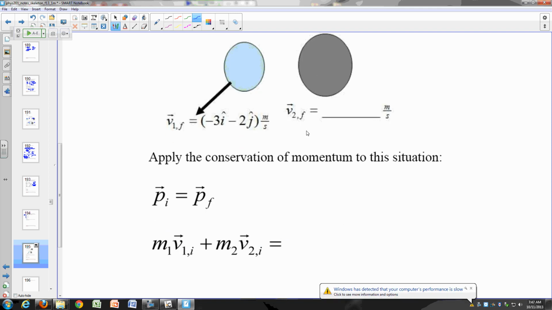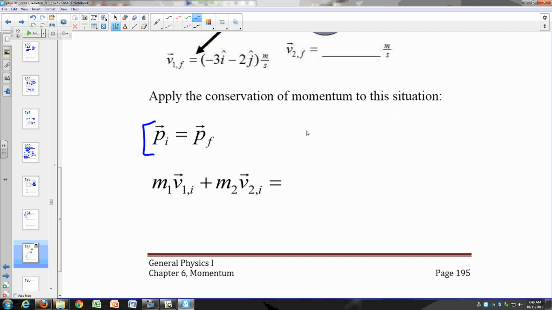So we'll say that initial momentum equals final momentum, that is, m1 v1i plus m2 v2i equals m1 v1f plus m2 v2f. This is exactly the same as we've done so far, except now I put the values in vector notation.